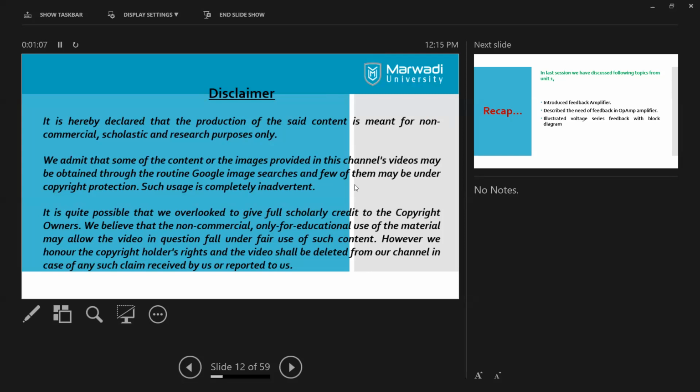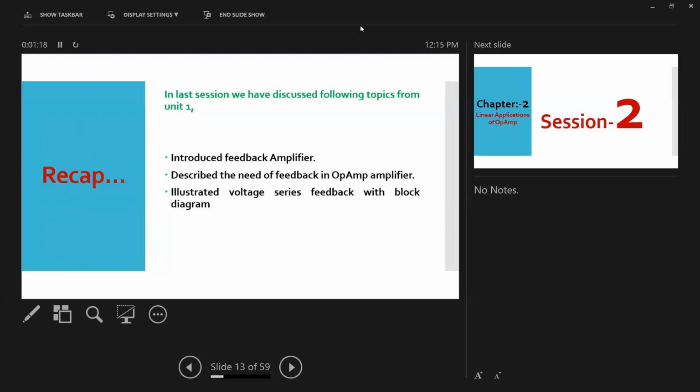Let us start our session with the quick recap of the thing we discussed in the last session. So in the last session, what was the point of discussion? We have started the discussion of chapter number 2, that is the linear application of op-amp, right?